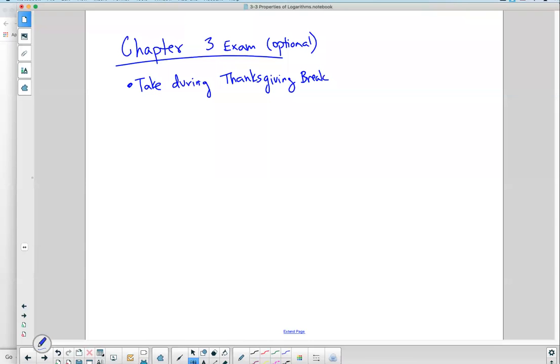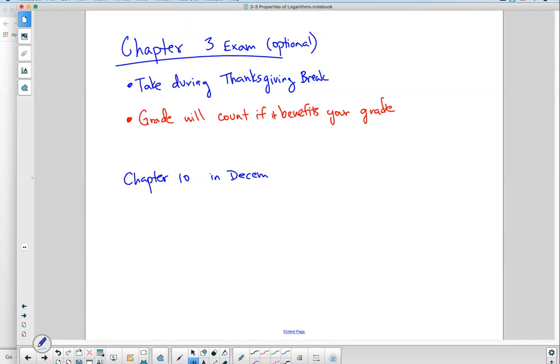Now, why would I suggest taking it? Here's why. The grade will only count if it benefits you. Later, when you come back, we'll start chapter 10 in December, and there will be a required test.